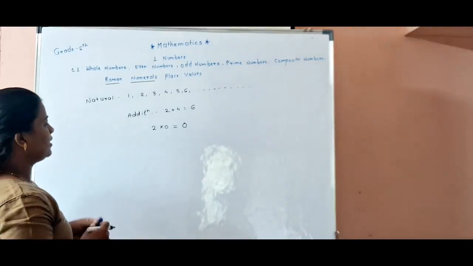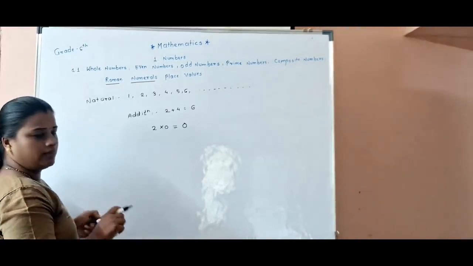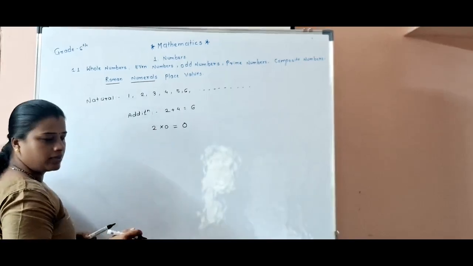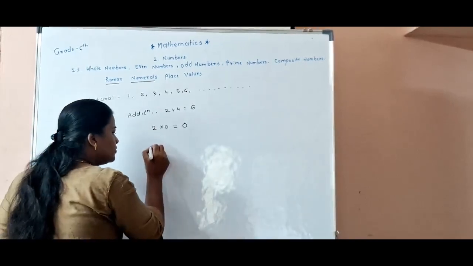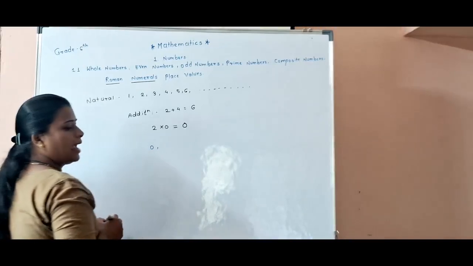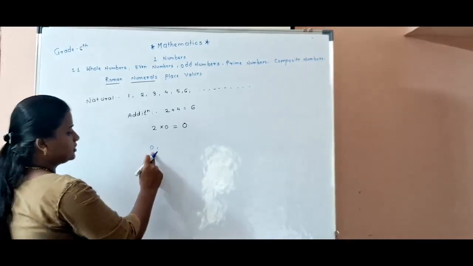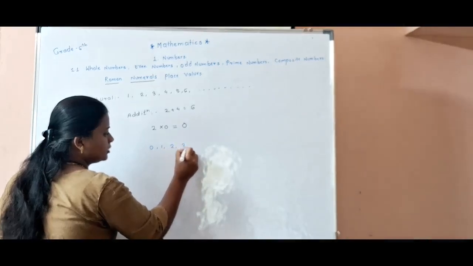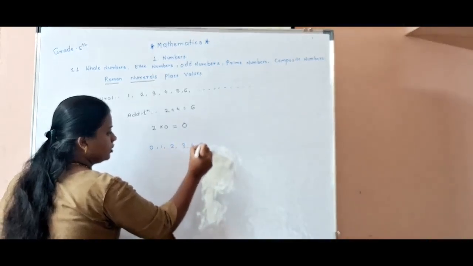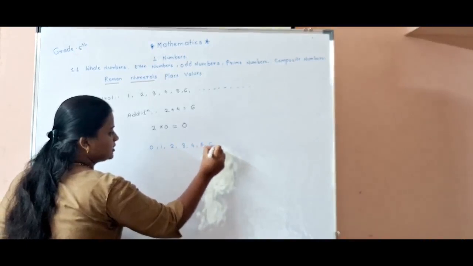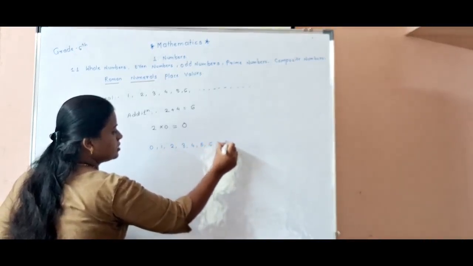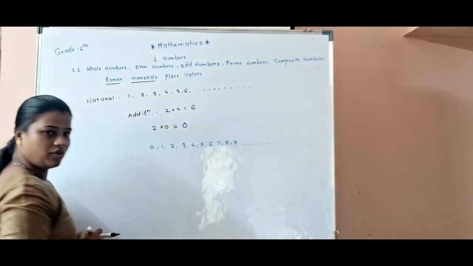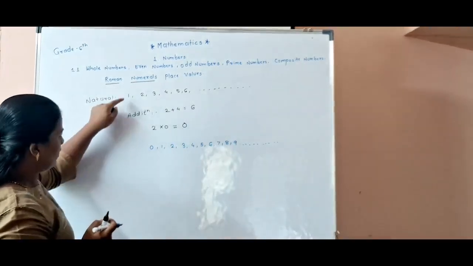Now let us make a small change. Instead of starting with 1, I will start the numbers with 0, and like this it will go on: 0, 1, 2, 3, 4, 5, 6, 7, 8, 9, and so on. See the small difference here.